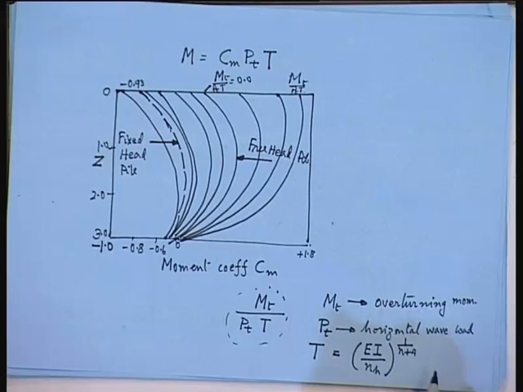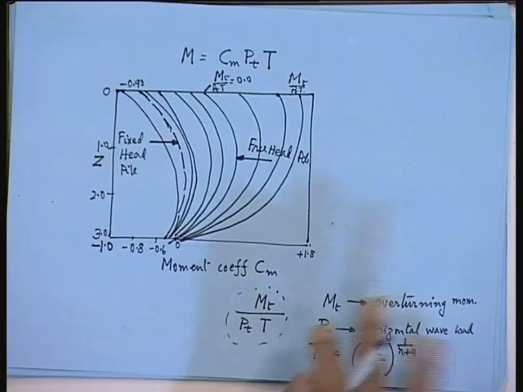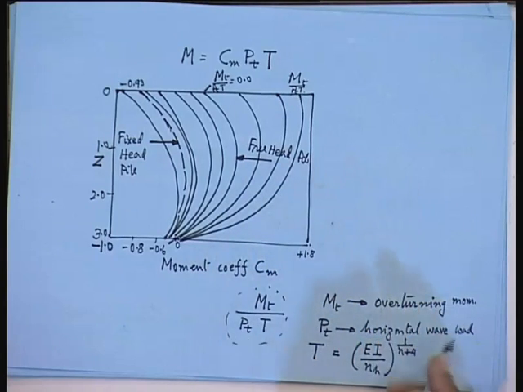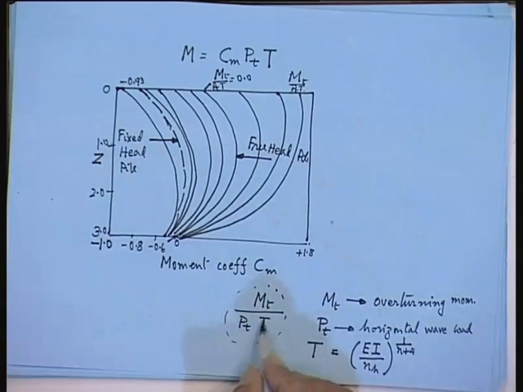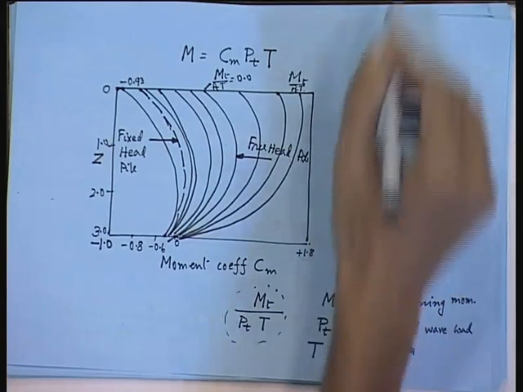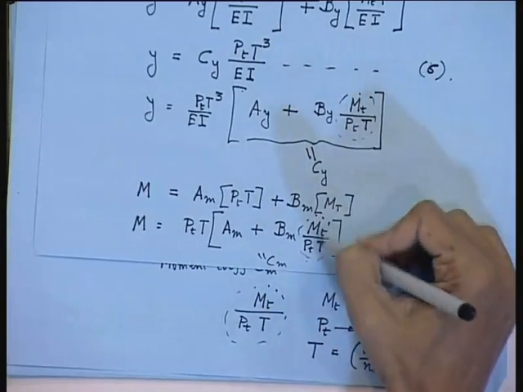So, T is actually linking your soil with the pile in this term. So, here now all these are known values. MT you know, you are getting it from the horizontal wave load moment. PT is your horizontal load, T is known. So, in both the equations of M and Y, this value is known.